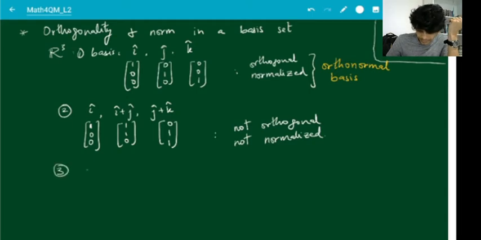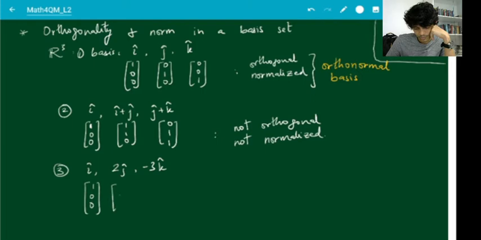What if I take the set i, 2j and minus 3k? So in column notation, this is 1 0 0, this is 0 2 0, and this is 0 0 minus 3.